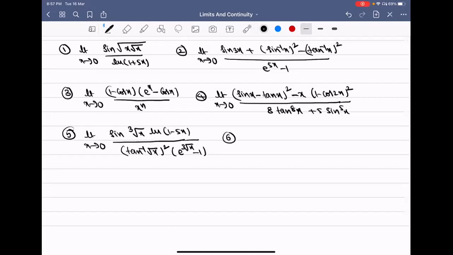Sixth one: limit x tends to 0, 1 minus cos x plus 2 sin inverse x minus sin cube x over 3 tan inverse x minus x square plus x power 5. So solve these questions as homework.